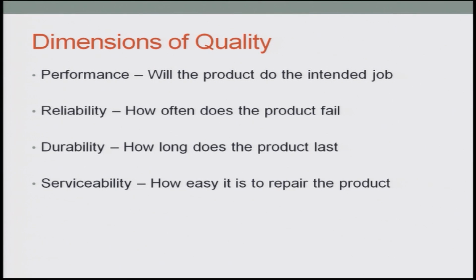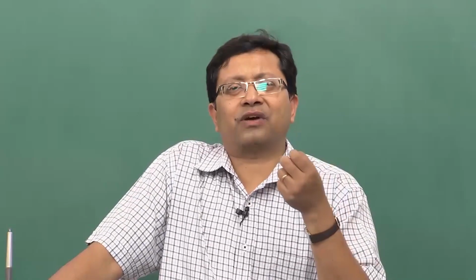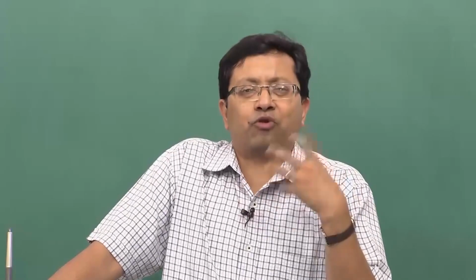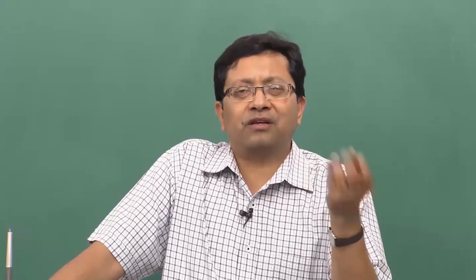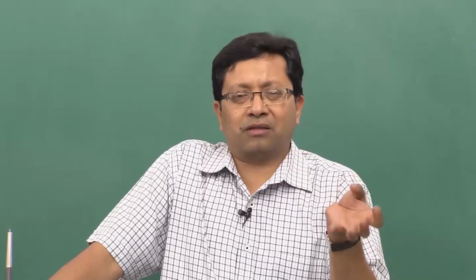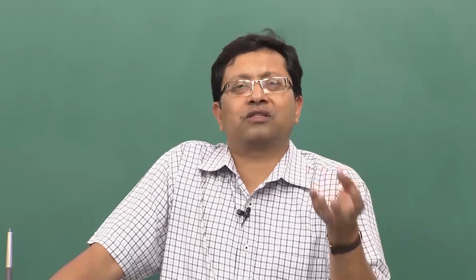The question would be, will the product do the intended job? Say for example, if I have a car, or a cycle, or a bike, I am giving a very broad example. My main focus would be whether the car would be running as per the norm stated by the car manufacturer, and whether it is able to fulfill the obligation for which the product has been made.